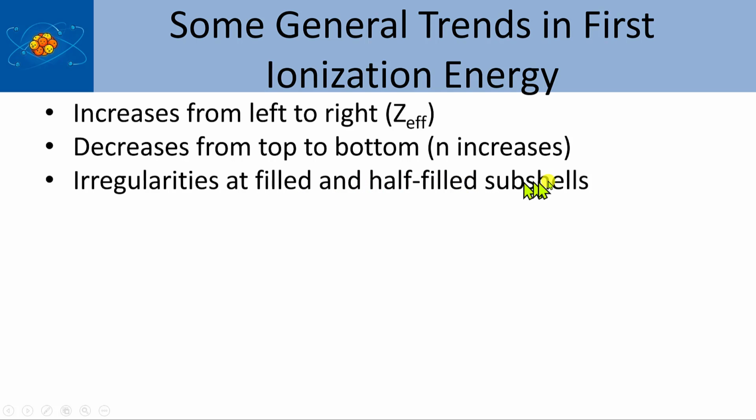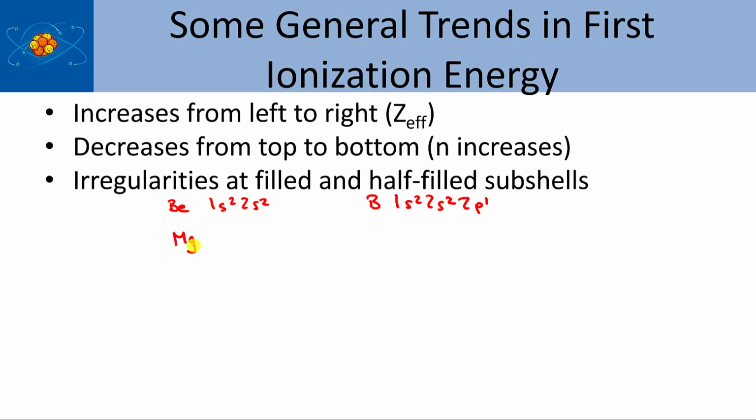Now we're looking at the irregularities that happen from left to right, and to do that we'll write the electron configuration. So for beryllium it's 1s2 2s2, and for boron it's 1s2 2s2, and then 2p1. Now if I look one row down, I have magnesium.